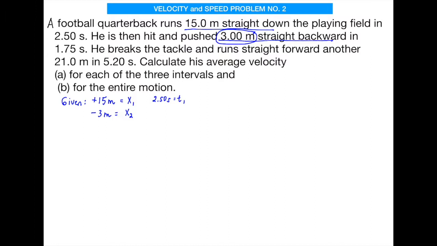And the time here is 1.75 seconds. That will be our time interval number 2. Next, he breaks the tackle and runs straight forward another, which is 21 meter. This is our third displacement. And then we have here 5.20 seconds as our time 3.